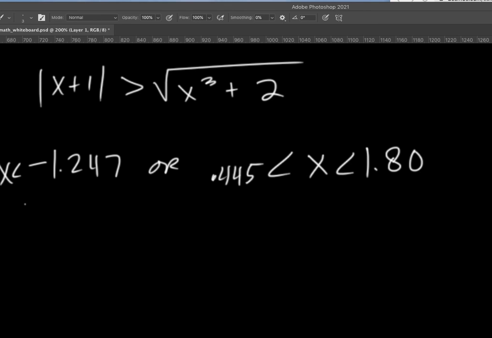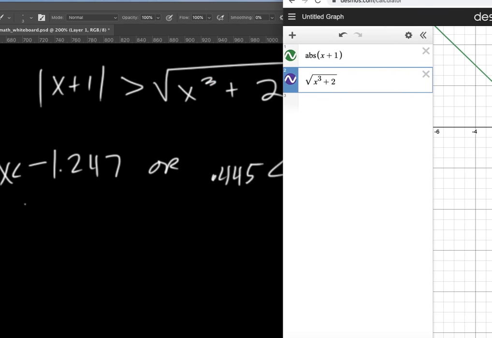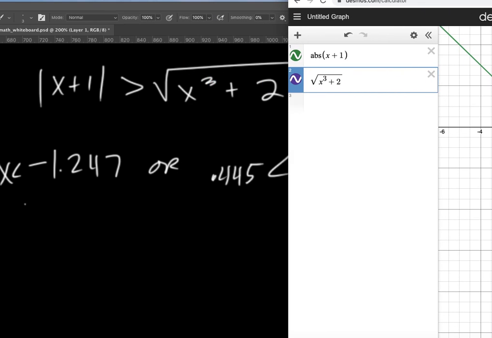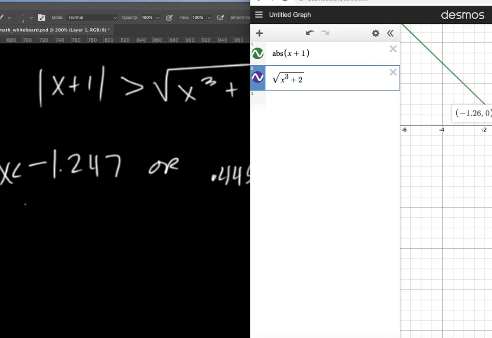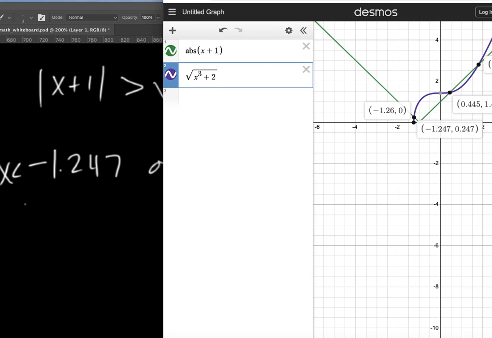And yeah, now there is some nuance to this, because the purple function just stops, so we actually don't go all the way to the left. See how the purple one stops? So it's really only in between those two values.